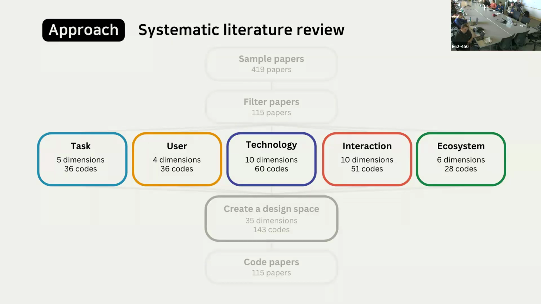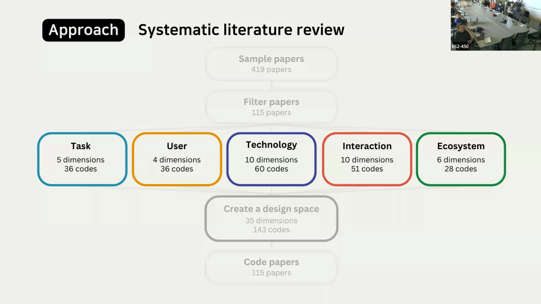What they did was take this set of papers, identify the ones that are specifically relevant to, say, the task aspect or user aspect, and then identify all the key components that matter for that aspect. Each paper was read by at least 2 members, and you iteratively code those papers, and then you meet, and you maybe create new codes, or delete some codes, or merge some codes, and you repeat that until you read all the papers and annotate all of them.